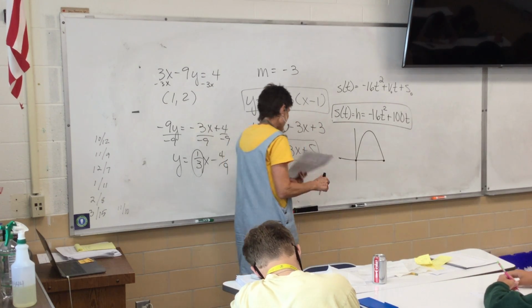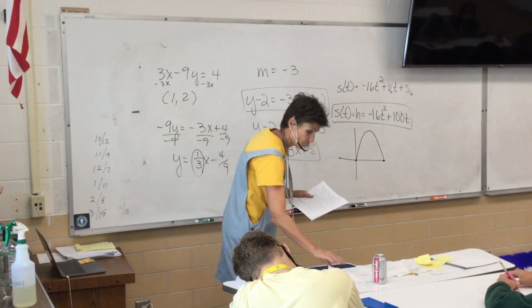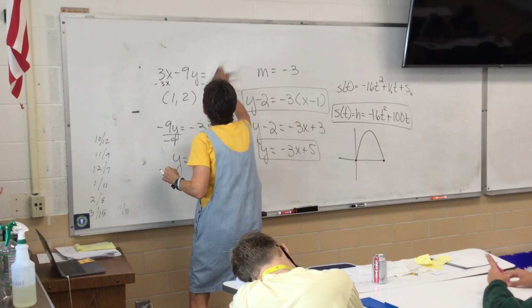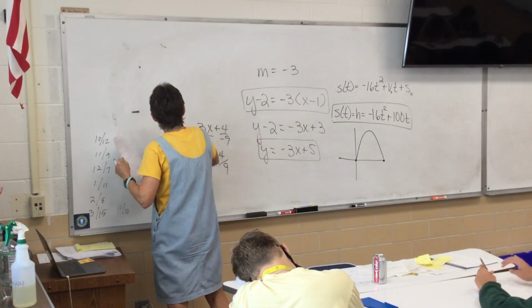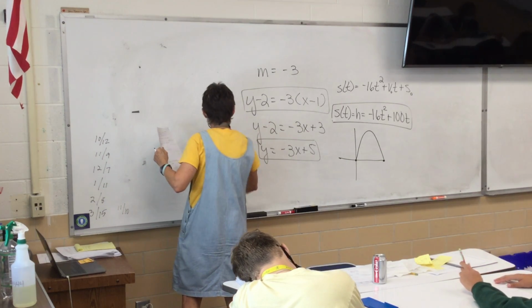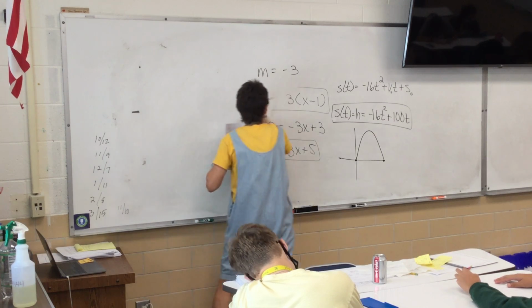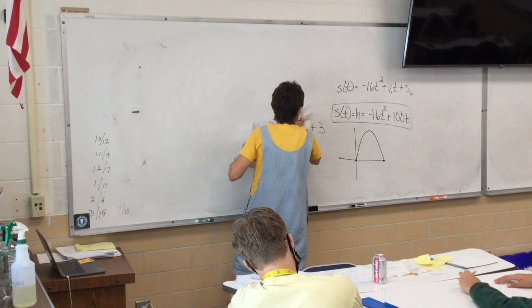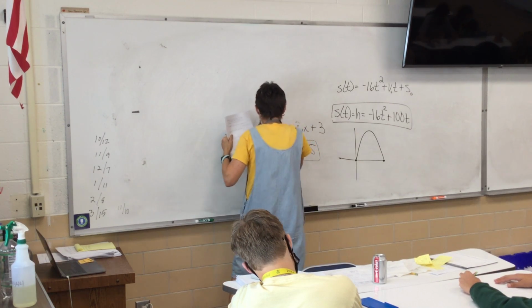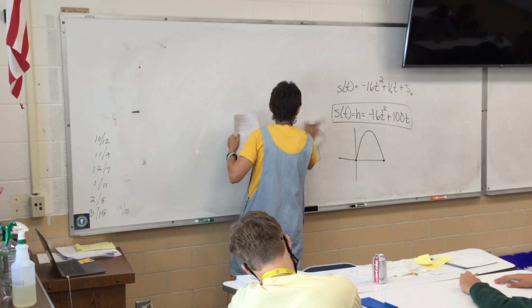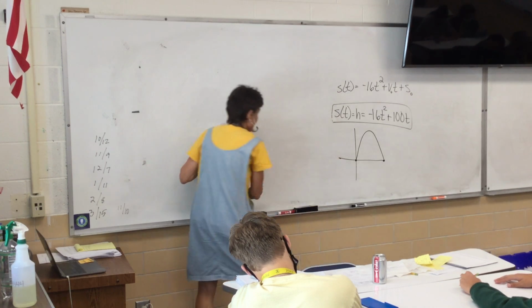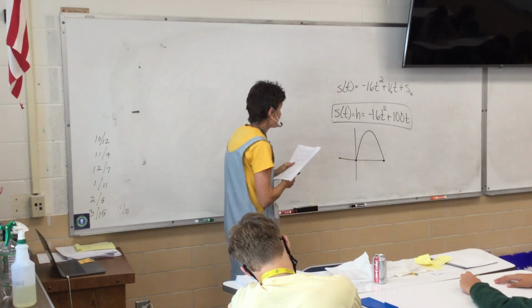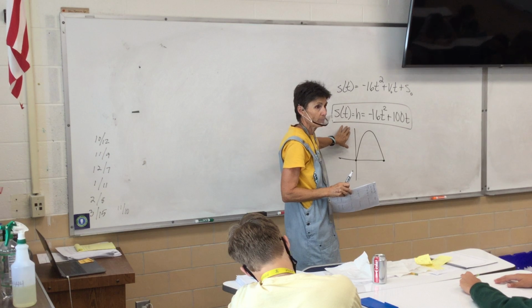How high is the ball after 1 second? What do I do to figure out how high the ball is after 1 second? I fill in the 1 for the t. You guys, listen to me. This equation has 2 variables.